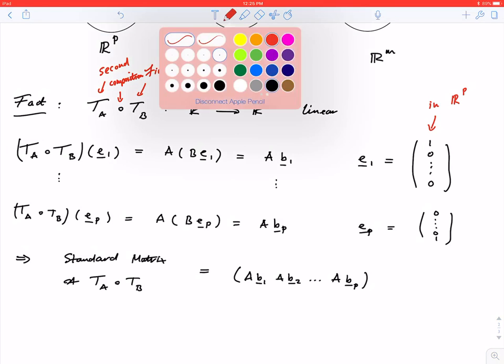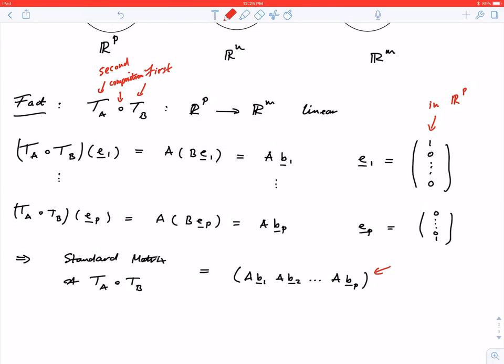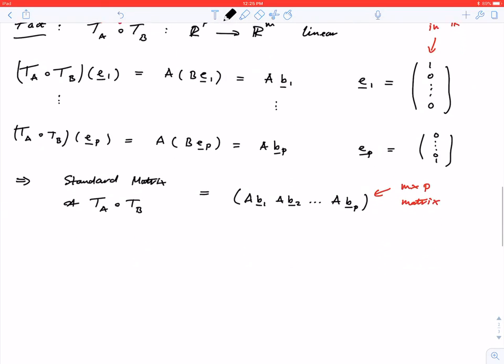So what is this guy? Just as a quick sanity check, this is a matrix. This is an M by P matrix. Okay, so this is going to be the backbone of the definition. In fact, this is the definition, so let me just write it down. Definition.